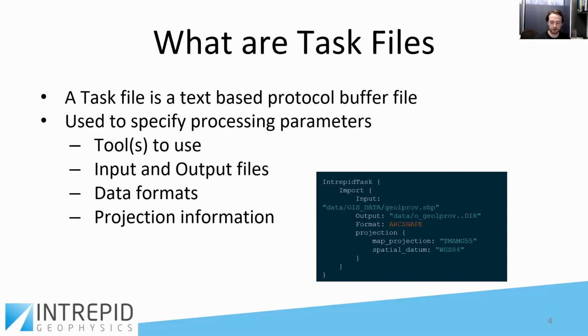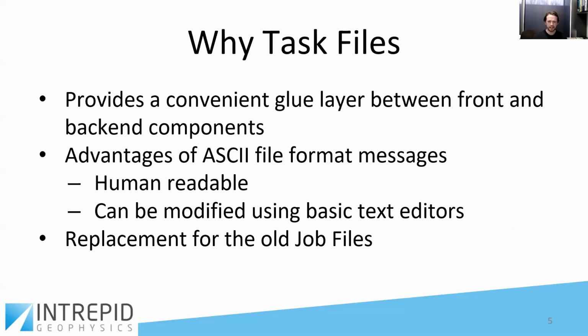So when we transition to the task files, the documentation capabilities have improved quite a bit. Hopefully I'll show you a bit of that later. Again, this is more generic: why do we have this sort of scripting language? It's mostly just to be a human readable messaging format so that you can understand what settings are going into the tasks.